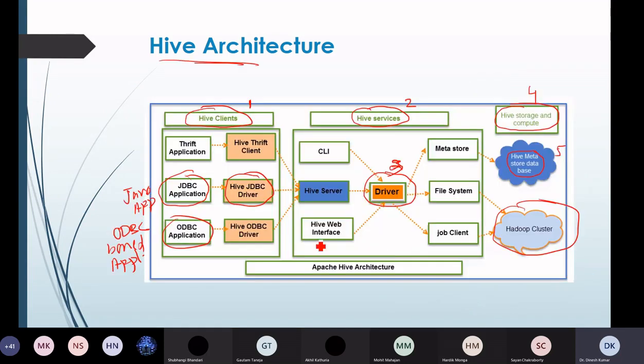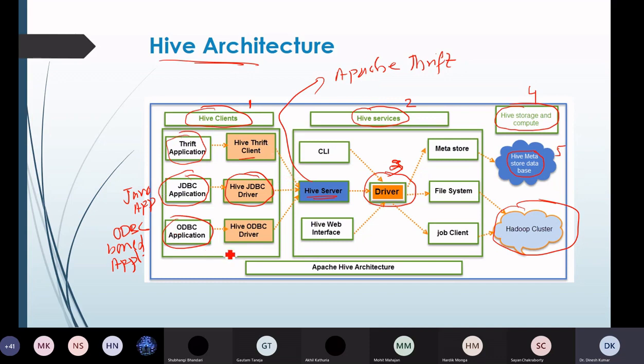So here we have Thrift based applications, then we have the Thrift client. So this client will interact with this Hive server because this is based on Apache Thrift. So that's why there is no need of any driver over here. Because Hive server is based on the Apache Thrift, it can handle the requests which are coming from the Hive Thrift clients.